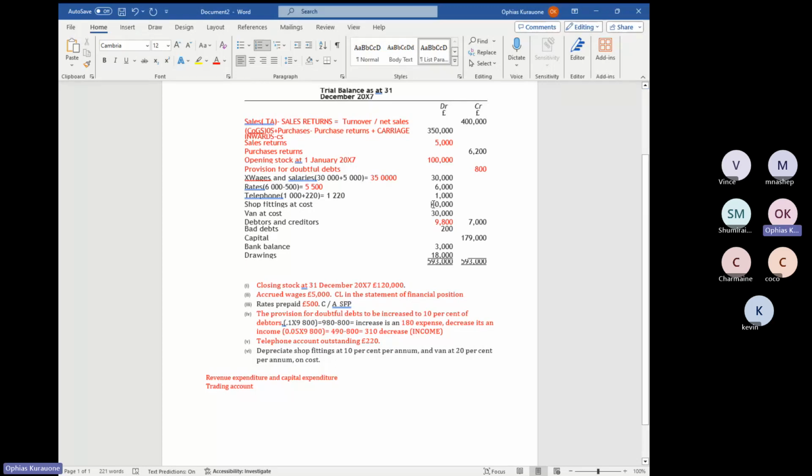So then the calculation of depreciation for the year, for shop fittings.